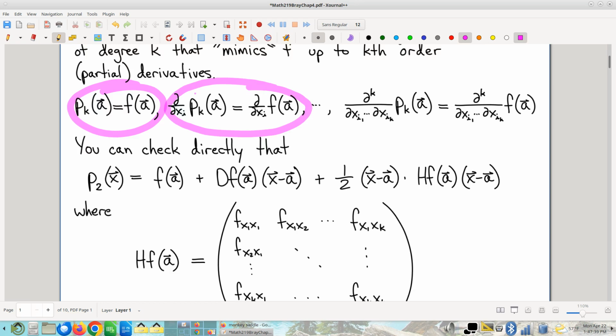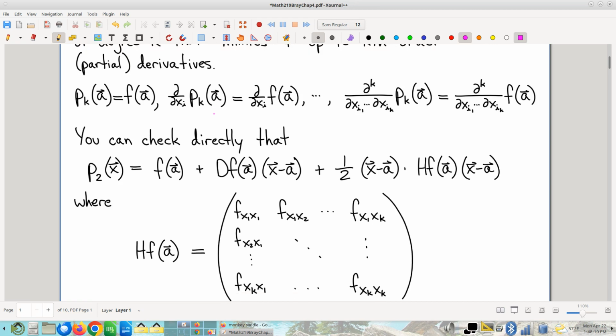So again, if it's mimicking f, it would have to have all the same partials, not just a single derivative, and then all the way up to the kth order. And of course, there's a bazillion different mixed partials at higher orders. So I need the Taylor polynomial to agree with f in all of these senses to be able to claim that it's mimicking f.